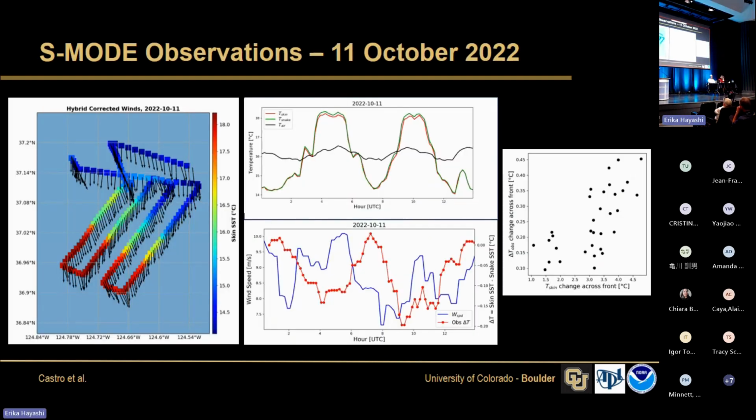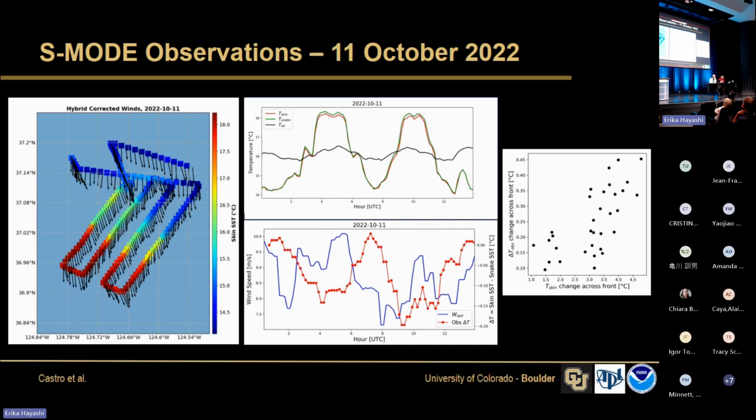If we look at 2 of those crossings, here on the left we have the cruise track color-coded by the skin radiometer. I want you to see the top one: the skin and the bulk vary in unison as we cross the front, and for those 2 passes, the delta T varies between 0.2 and 0.3 degrees Celsius.